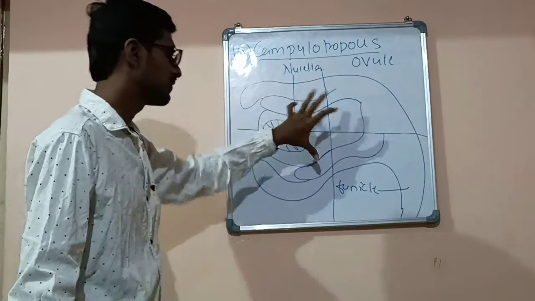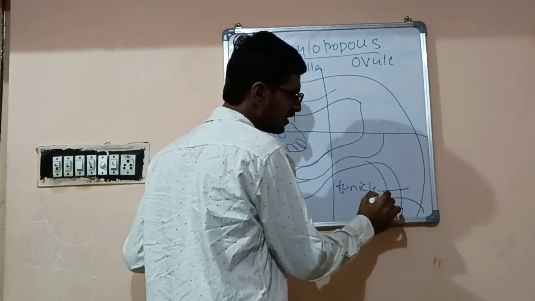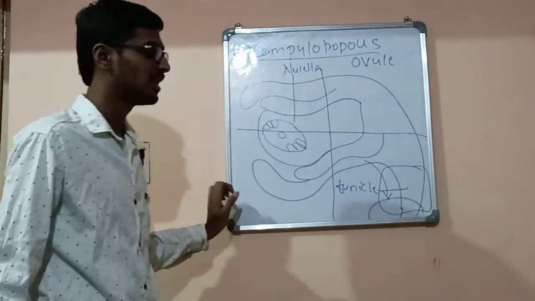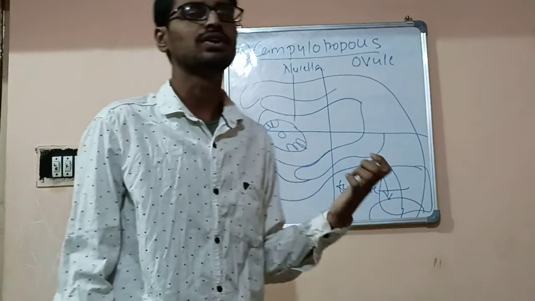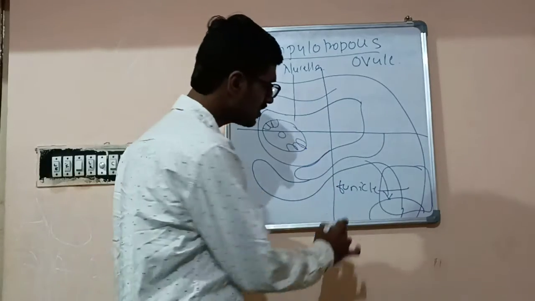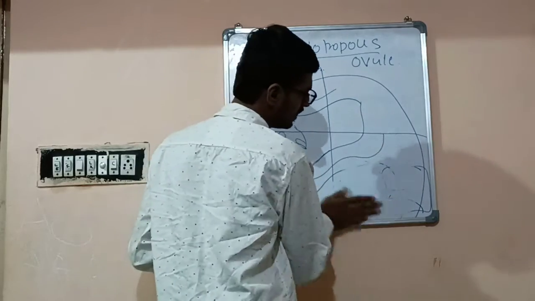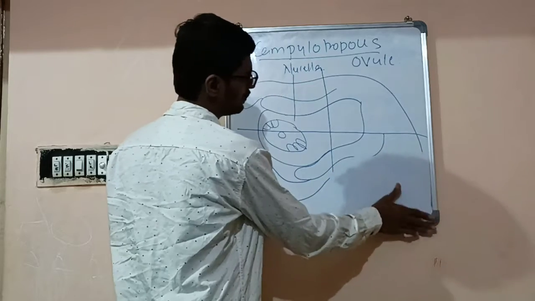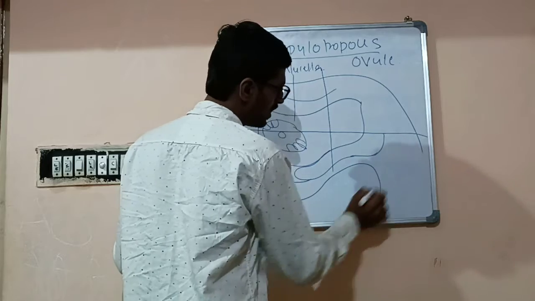It is the stalk through which the complete body of the ovule is connected to the placenta. Here the funicle is situated, forming from the outer integument.